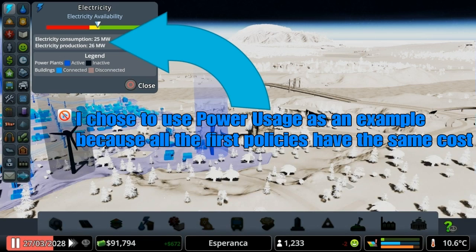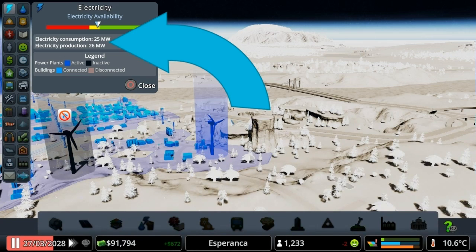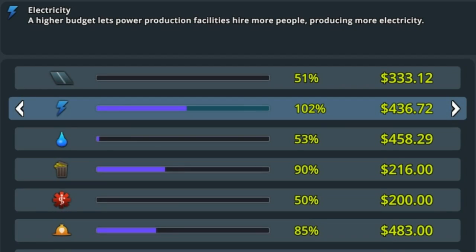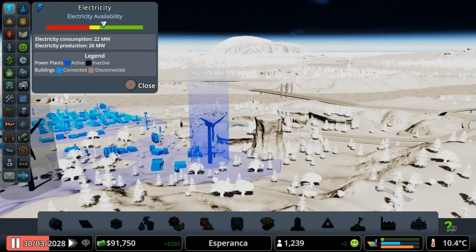Electricity consumption is 25 megawatts and production 26. And the budget 436. Now after applying the policy, the electricity consumption reduced to 22. So let's reduce the production to 23 megawatts.